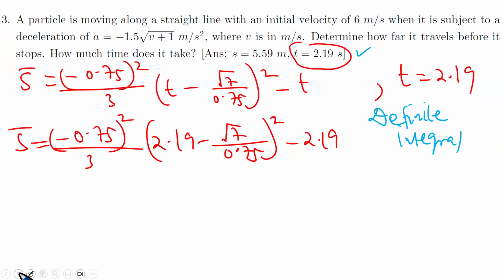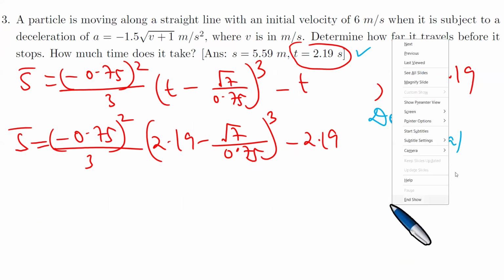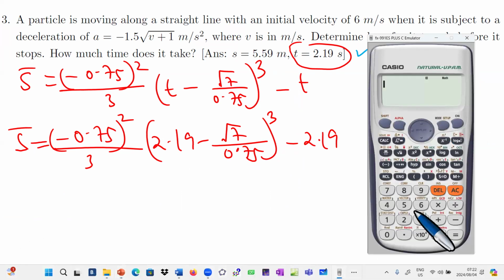I'm wondering why that is producing a negative. This is the cube. Cube, cube. Okay, it must work out now.